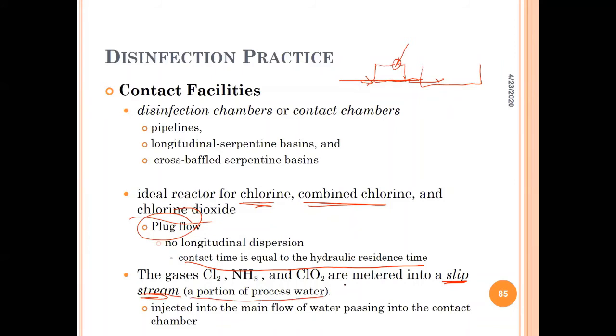We take it and put in the gases, chlorine dioxide or chlorine, and inject it back into the main stream. And then the reaction occurs here, meaning contact time. The concentration we can measure here, and the time of contact here, so we can have the CT time.